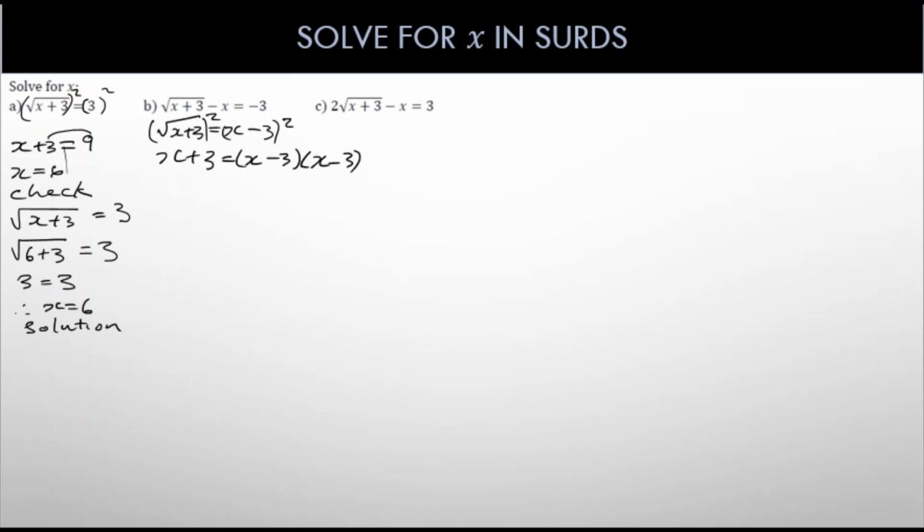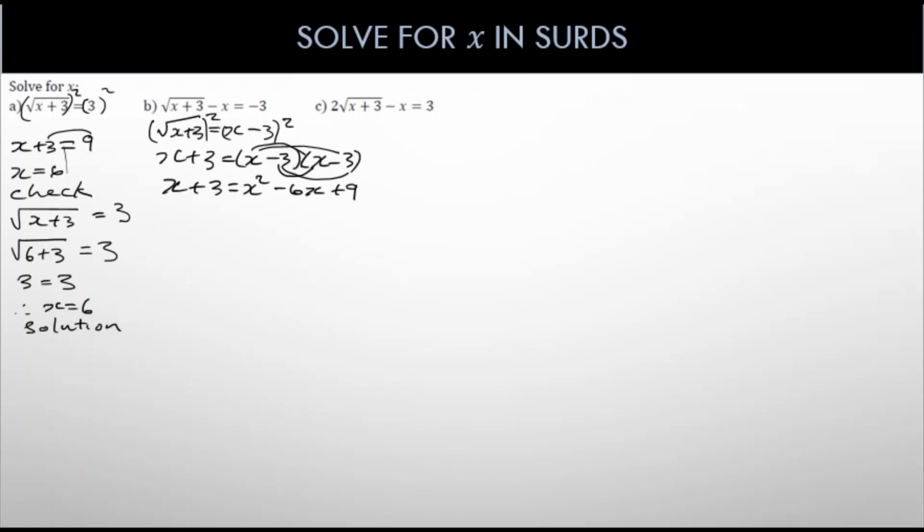That's what we are doing essentially. Using the FOIL method, x times x is x squared. X times negative 3 is negative 3x. Negative 3 times x is negative 3x, which are like terms, and that will be negative 6x. And then negative 3 times negative 3 is positive 9. So very simple there.